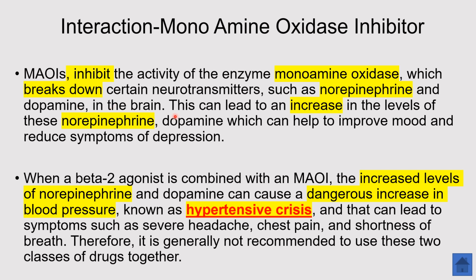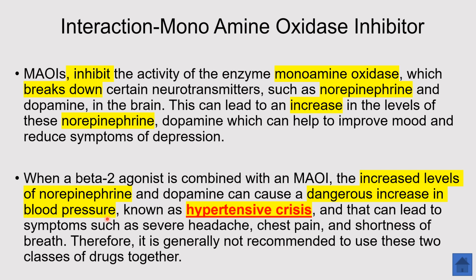But when you give a beta-2 agonist in combination with monoamine oxidase inhibitors, there's a lot of norepinephrine increased in the body, right? So this is actually going to cause a dangerous increase in blood pressure. Remember, beta-2 agonists can also stimulate the beta-1 receptors in the heart.